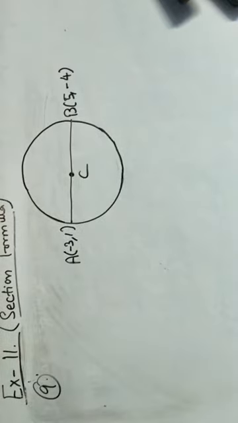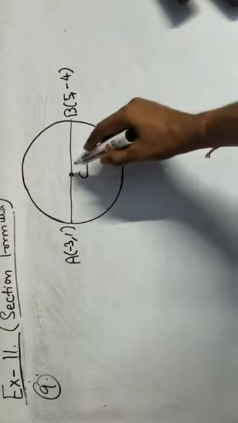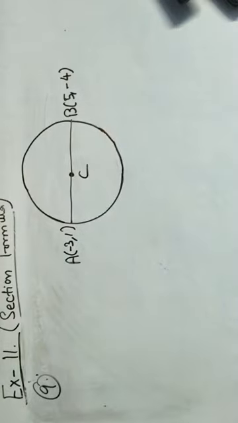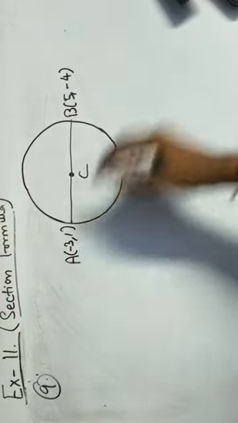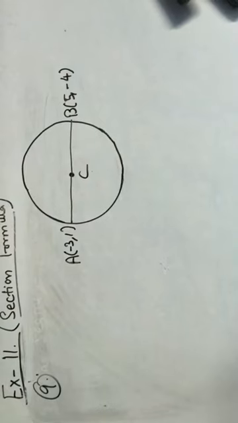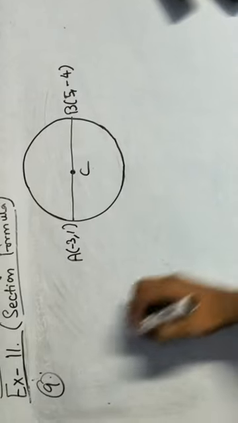In that circle, A and B are the points on the ends of the diameter. And point C is the center of the circle. Obviously, the point C is the midpoint of this line, because you know that the center of the circle is the midpoint of the line AB, which is a diameter.